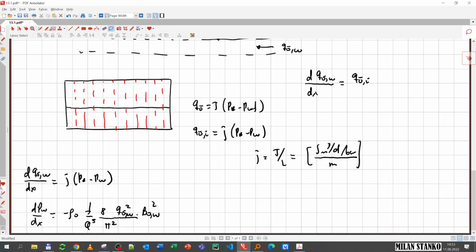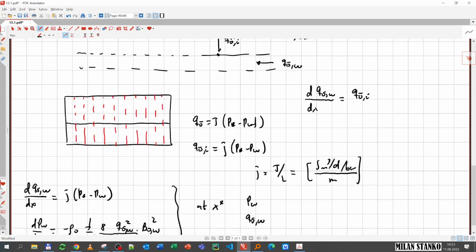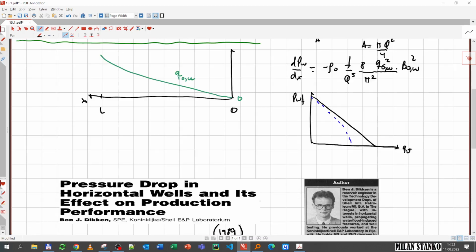Okay, to solve it, remember, to solve any ordinary differential equation, we need to have initial conditions. And for that we need to know, at a given x star that we don't know, the values of these two unknown variables. I'm going to choose strategically because I know that at the toe we actually have no flow. That value should be 0.